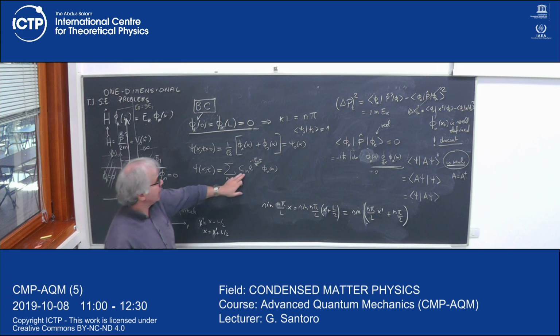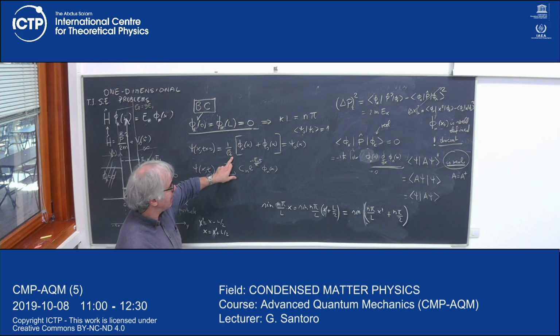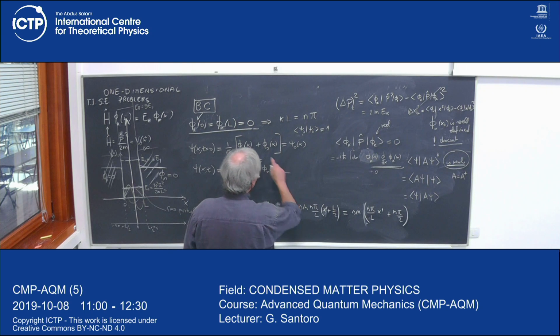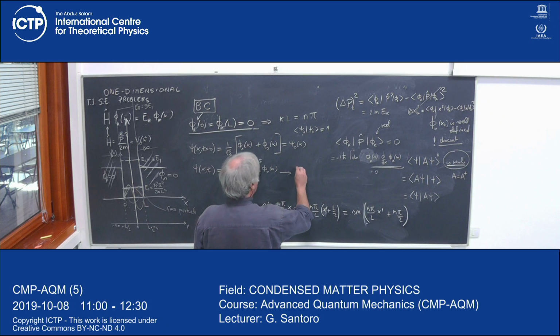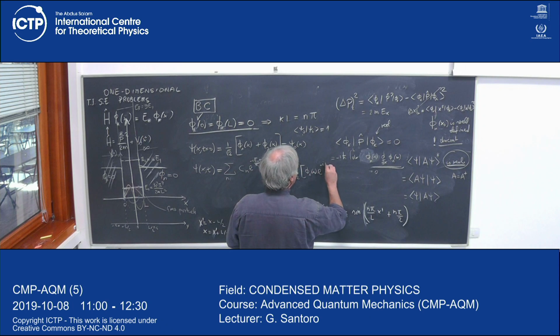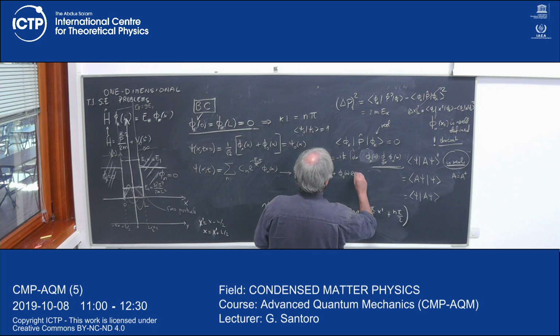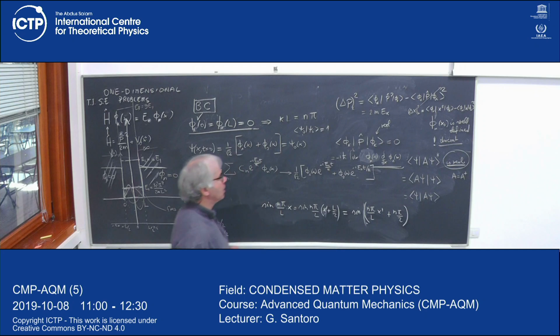Now I have only two contributions, so there are only two terms, and Cn is 1 over square root of 2. So I just adapt this to the previous thing, and I would have 1 over square root of 2 times phi 1 of x times e to the minus i E1 t over h bar plus phi 2 of x e to the minus i E2 t over h bar. Is it clear? Good.